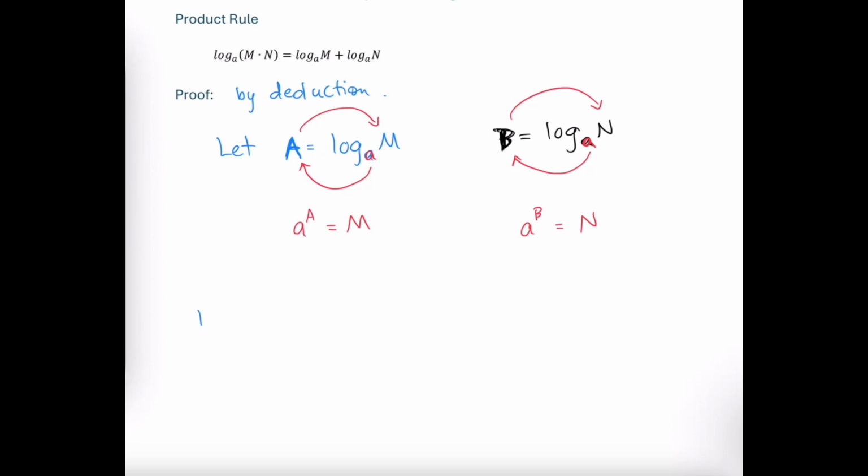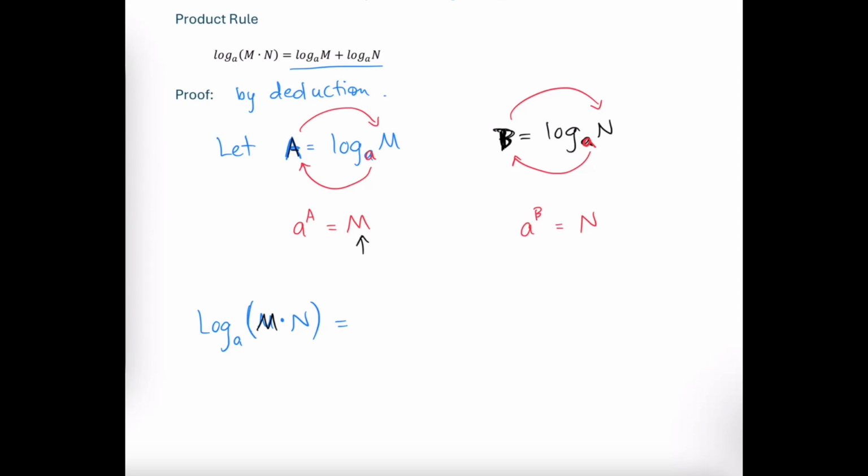And by deduction, what that means again is that we begin with the left-hand side of what it is that we're trying to prove, and we're just going to make smaller steps until what we have on the right is what we're trying to achieve. So what we'll notice here is that cap M is what we ended up with when we made that original substitution.